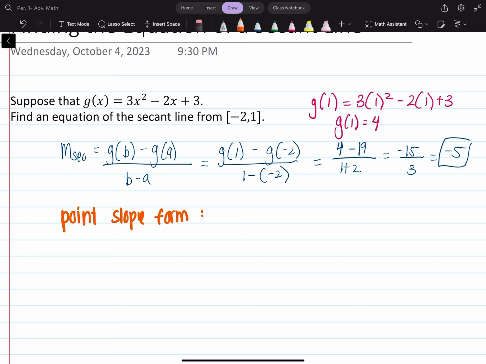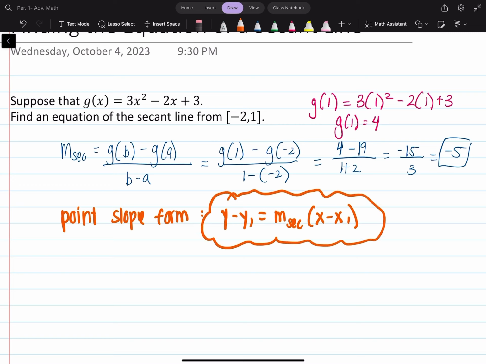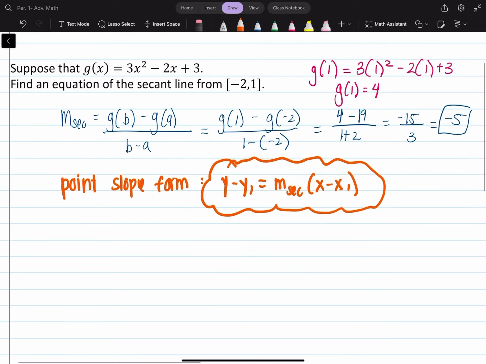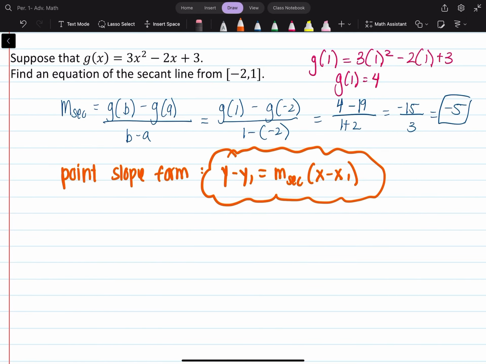is this. y minus y1 is equal to the slope of the secant line times the quantity of x minus x1. Okay, so this is the point slope formula, and we'll be using it to determine the equation of the secant line. So we obviously already know our slope, right? This is -5, so we can substitute a -5 there.